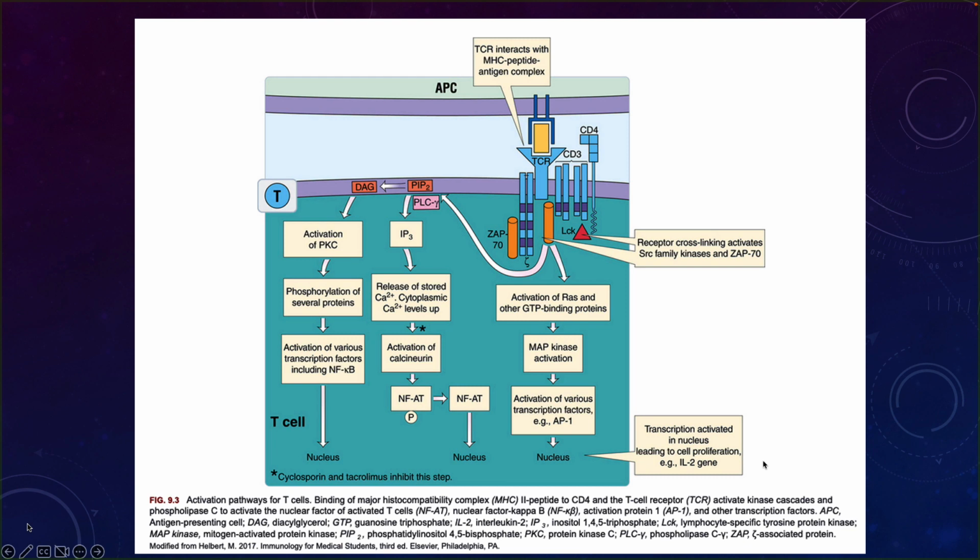When we do have binding of a T cell receptor to an antigen being presented by an antigen-presenting cell, we get this complex signal transduction cascade, eventually leading to transcription that can lead to things like cell proliferation, increased expression of cytokines, etc.